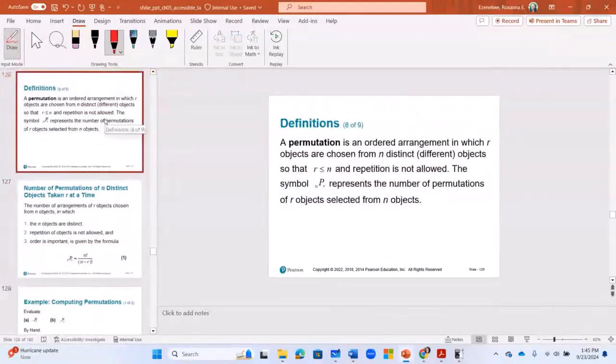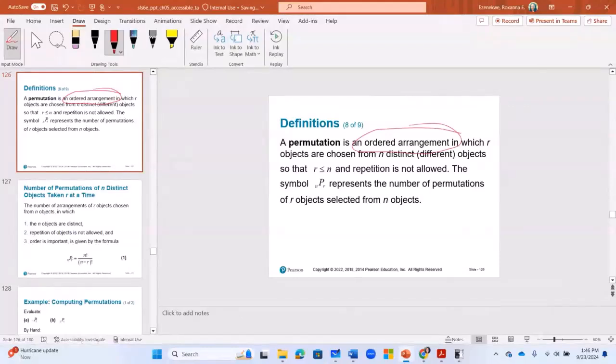According to our book, a permutation is an ordered arrangement. See, it is ordered. In other words, order is important in permutation.